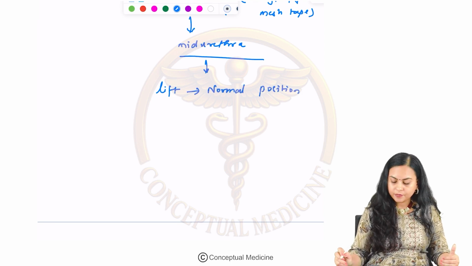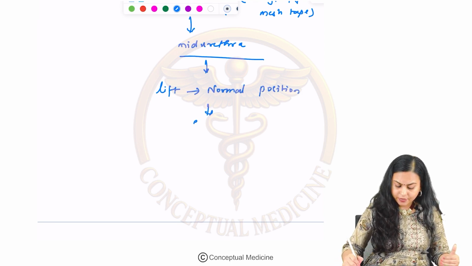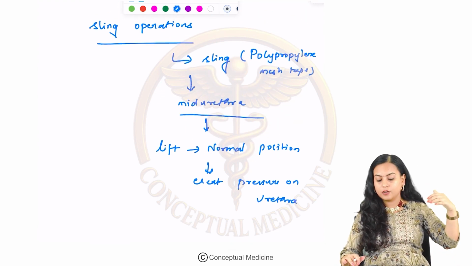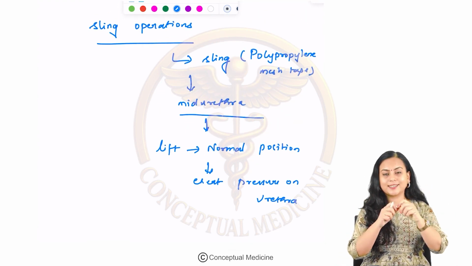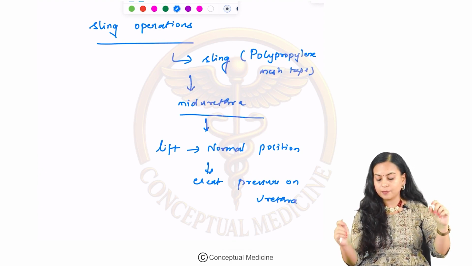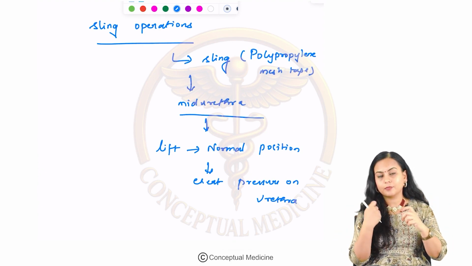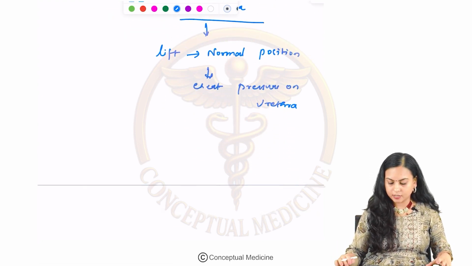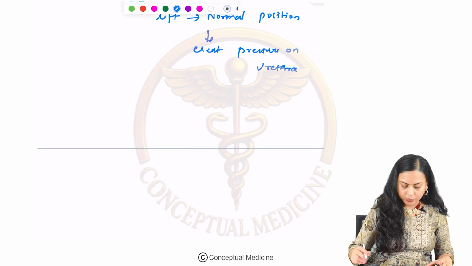Can you understand? So, that will give pressure on the urethra. The sling is nothing but a polypropylene mesh tape. We will be using the mesh tape to encircle the mid-urethra and give pressure on the urethra. That is it. Okay, in simple words.